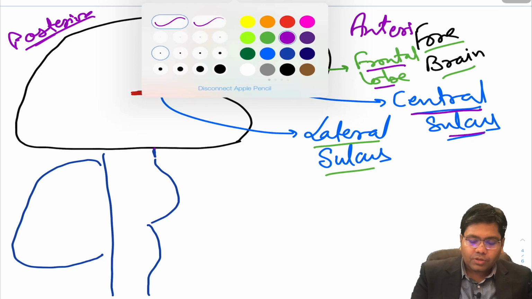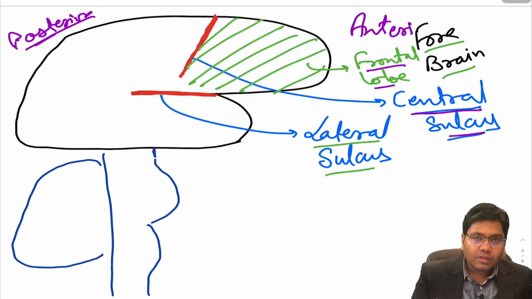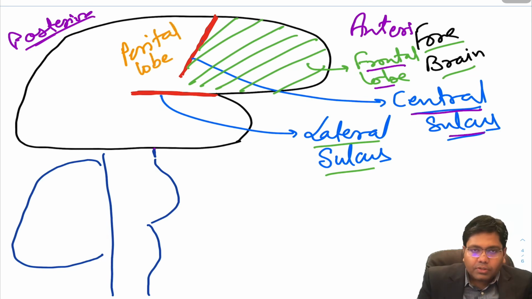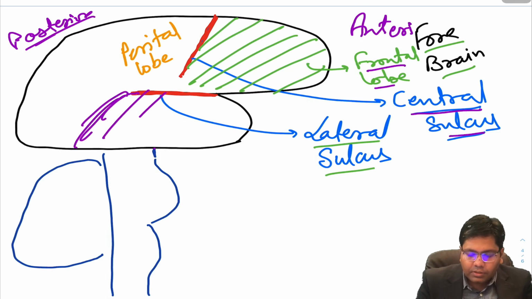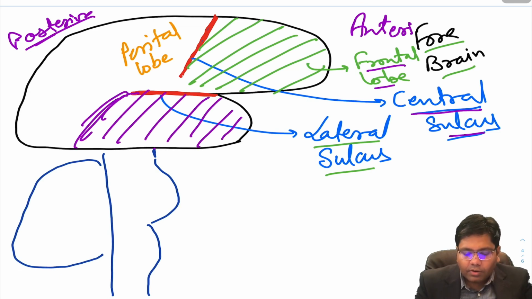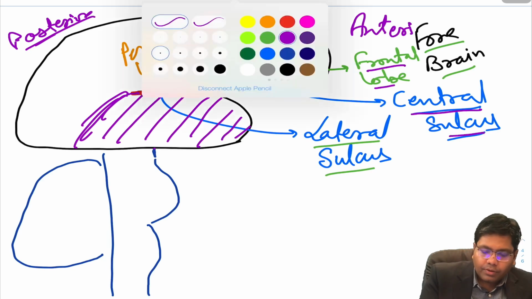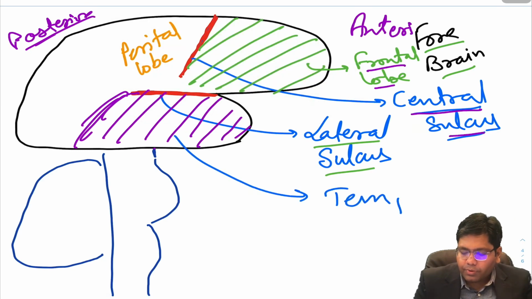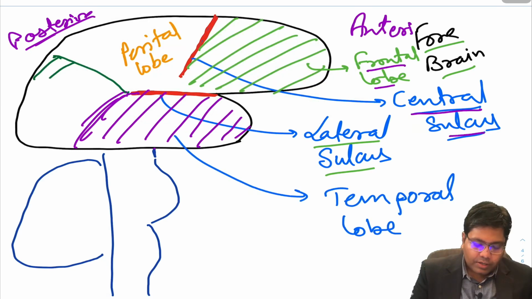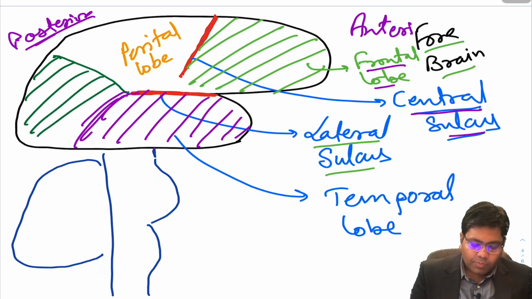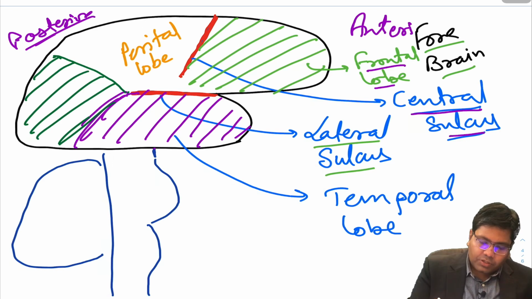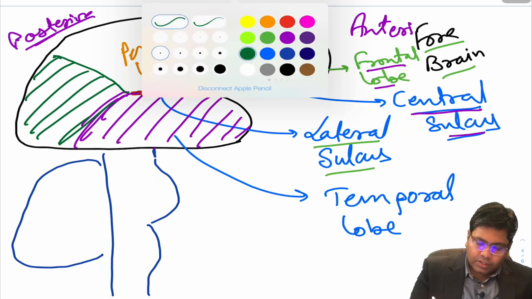Posterior to the central sulcus is your parietal lobe. Below the lateral sulcus, this structure here is your temporal lobe. Posteriorly, there is a very important area of the brain known as the occipital lobe.